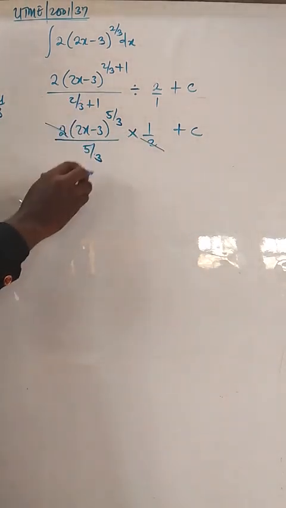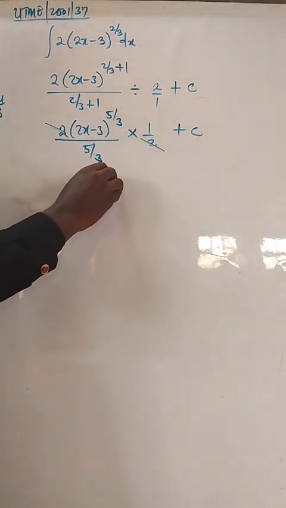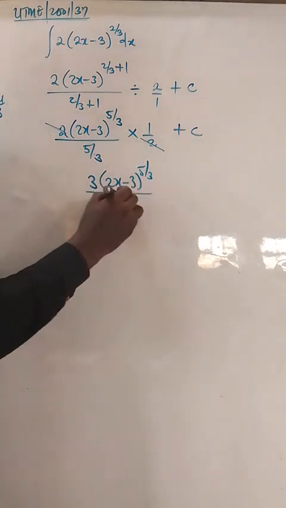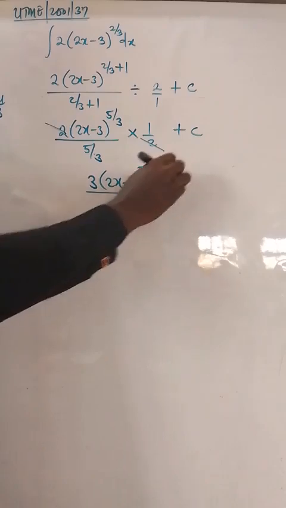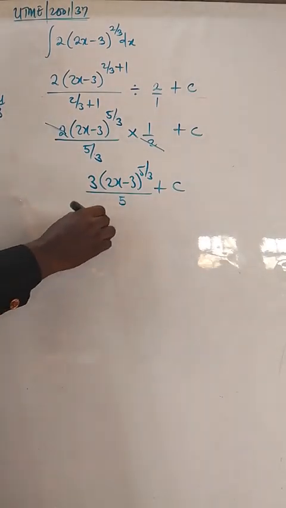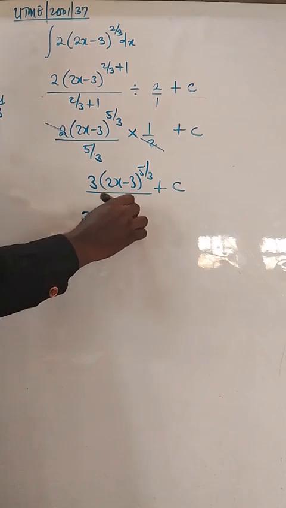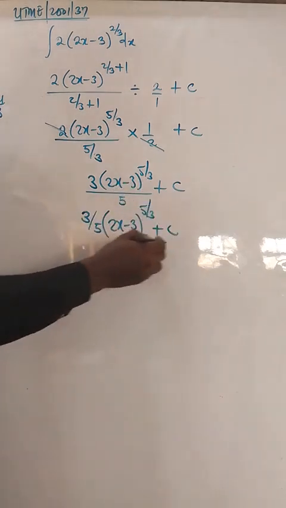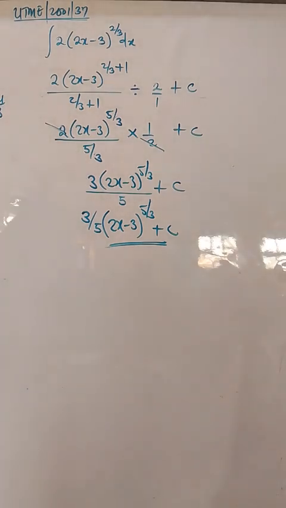Then this 3 will go up, so we'll be having 3 into (2x minus 3) raised to power 5 over 3, over 5, plus c. Or you can put this 5 under this 3. That's 3 over 5 into (2x minus 3) raised to power 5 over 3 plus c. That is the final answer.